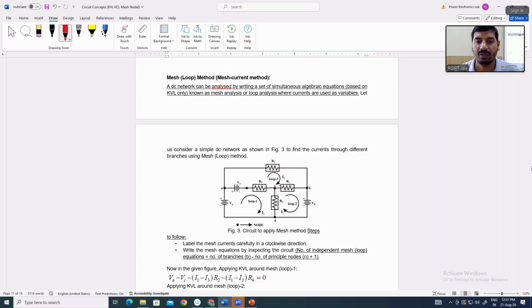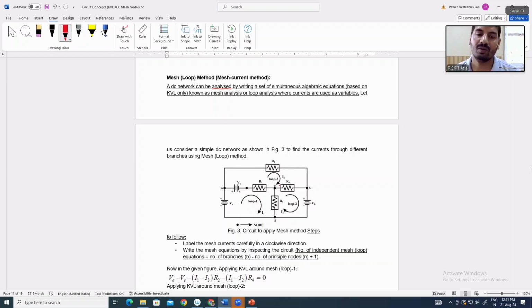As per KVL, the equations are written in a loop, and there are 3 loops in this circuit. So there will be 3 KVL equations. We have assumed I1, I2, I3 and do not know their values, so there are 3 variables.